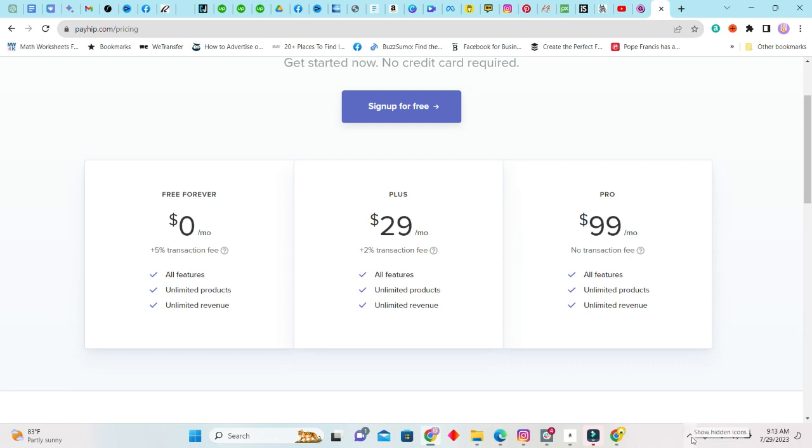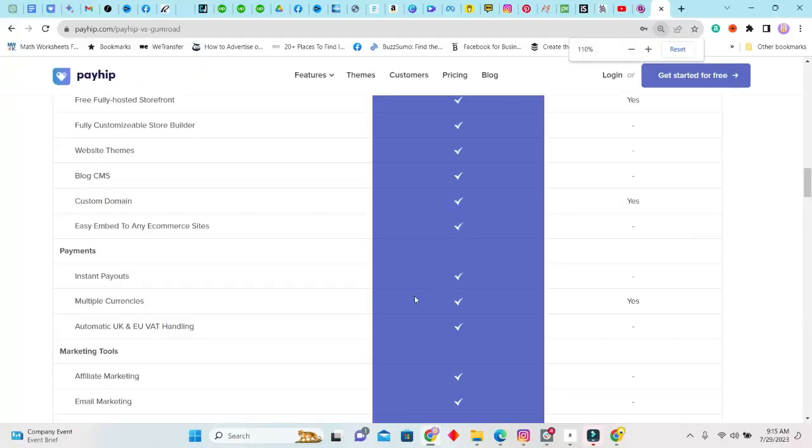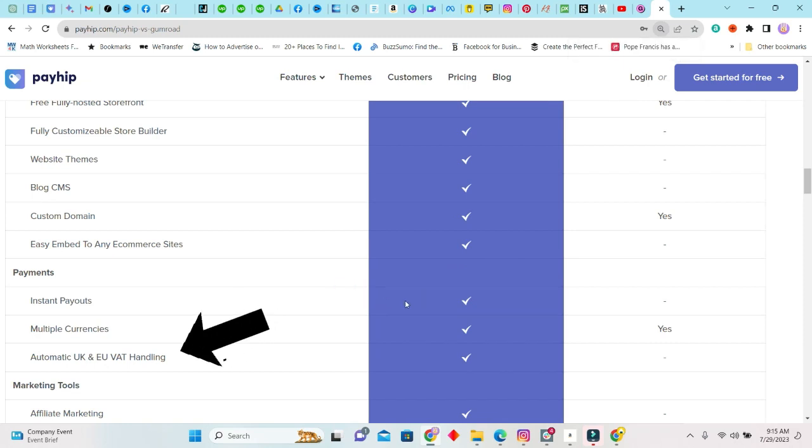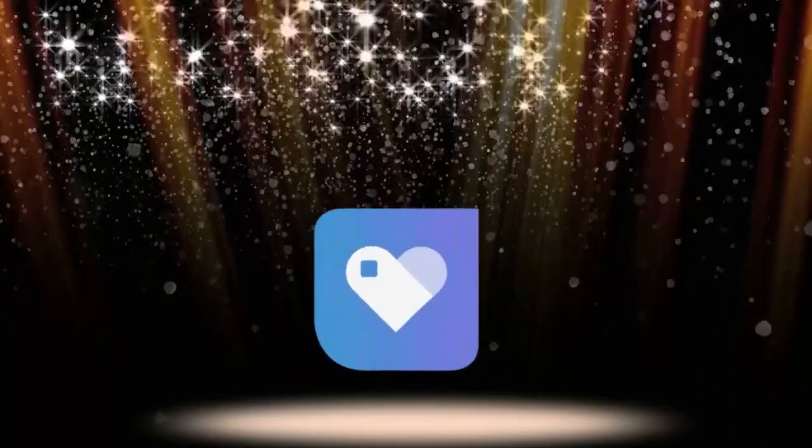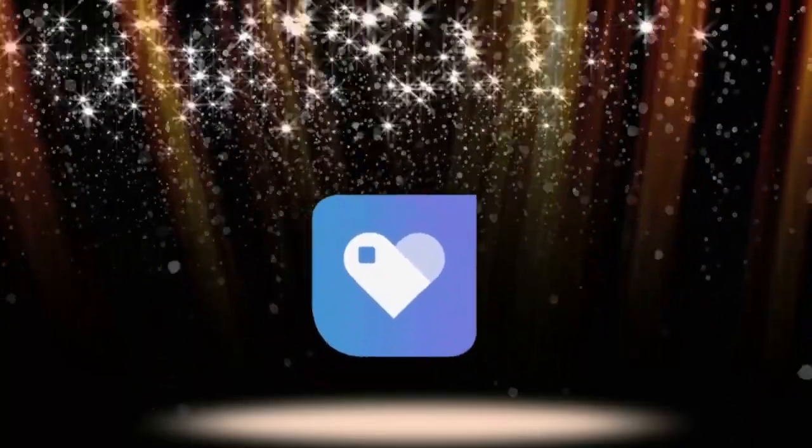And lastly, we have the pro plan, which is $99 with no transaction fees. Payhip also has automatic UK and EU VAT handling as well. So let's find out which one makes the best financial sense for us. In this case, Payhip wins because the free plan is basically all you need.